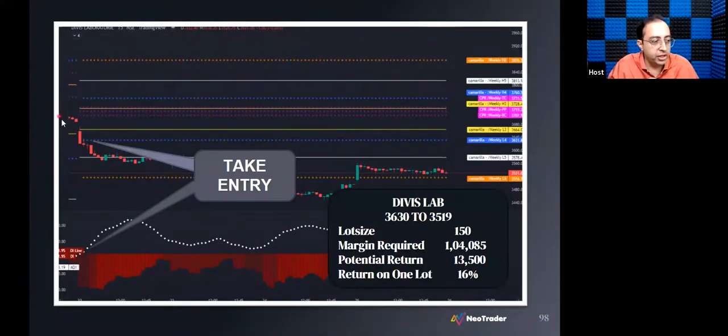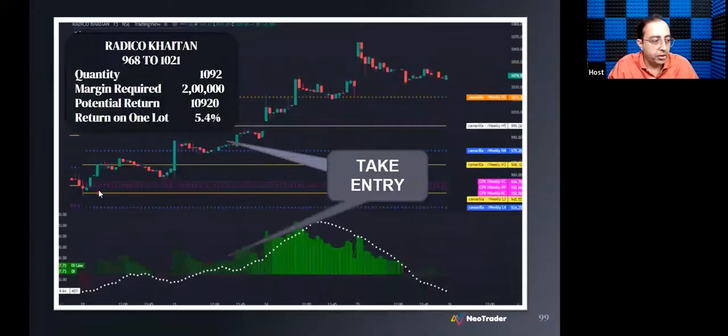You can see here that this trade continues for multiple days. The trade comes here. Your stop losses are below the CPR. You engage in this trade, and then you can trail your stop loss.